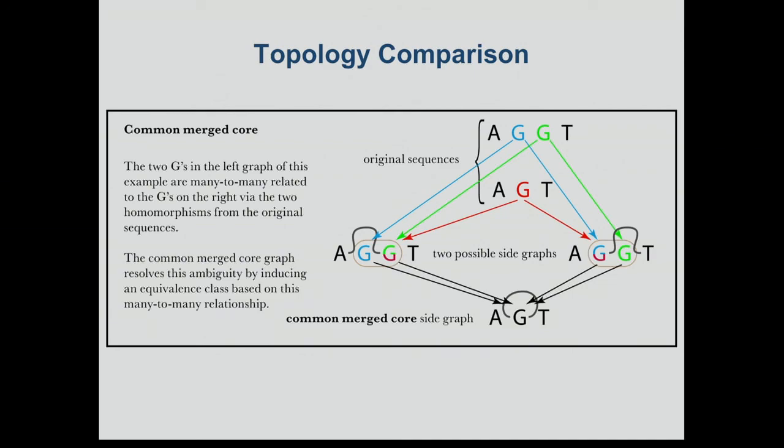So the overall idea is we take two graphs, we throw a lot of sequences, each of which has a path on them, and then we see what we get if we merge so that they take the same path. In this case, you have two paths on this graph that are depicted here. I could skip the first G or I could skip the second G. And when you try to merge these to their common core, you get this graph, which is well defined.